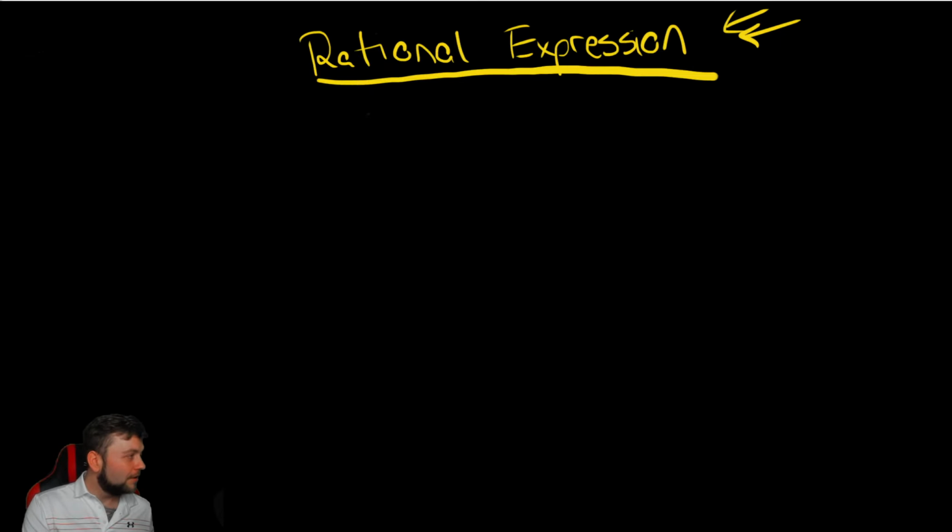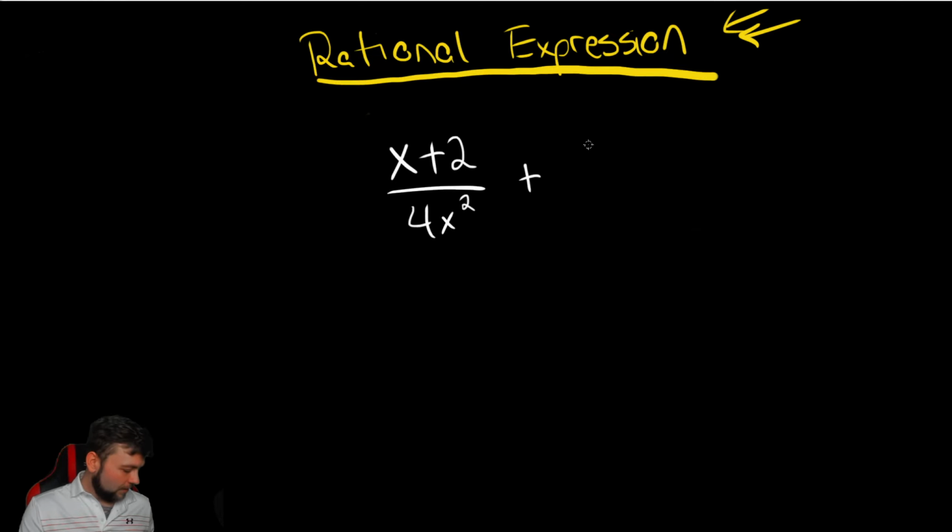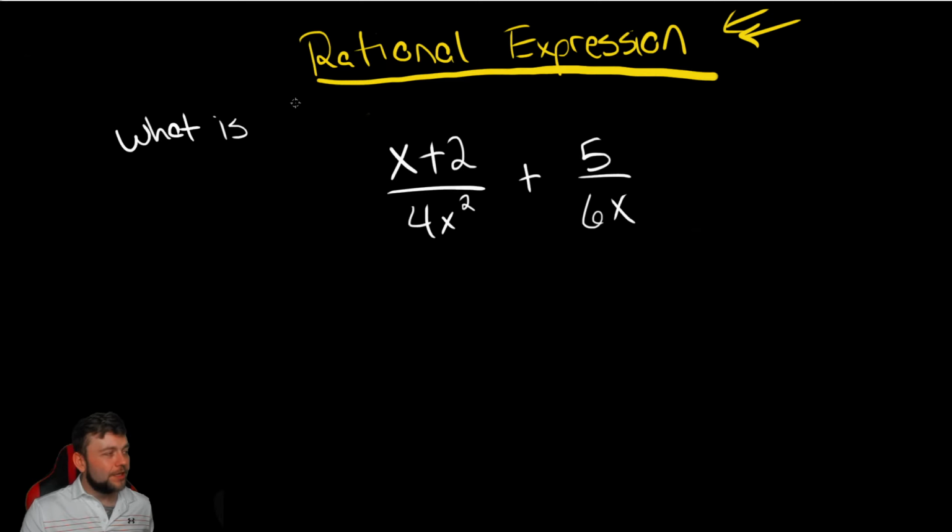We are given x plus 2 all over 4x squared plus 5 all over 6x, okay? And then they ask us what is the lowest common denominator, right? So what is the LCD of this problem?